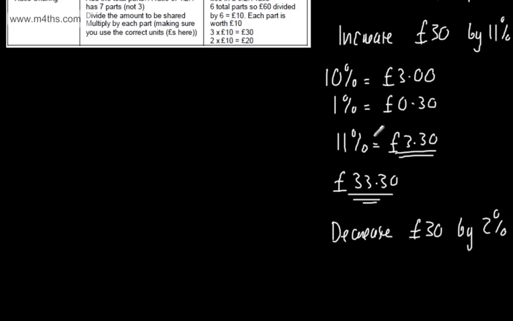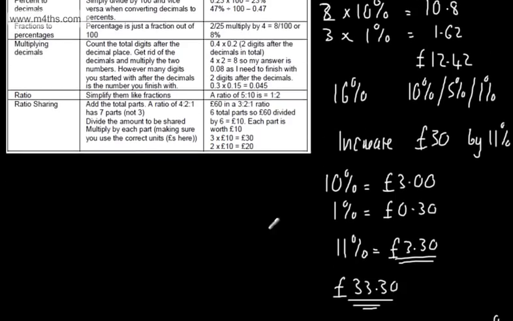Well, 1% is going to be 0.30, so 2% is going to be 0.60 or 60p, if you like. I'm keeping my units the same, but it's entirely up to you. So our answer is going to be £29.40, as we're decreasing it from that value.